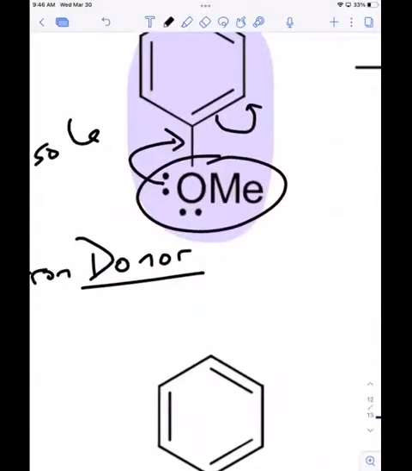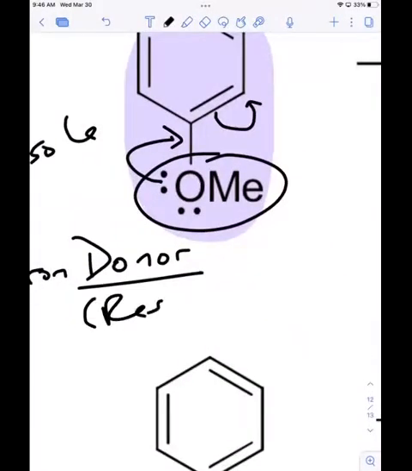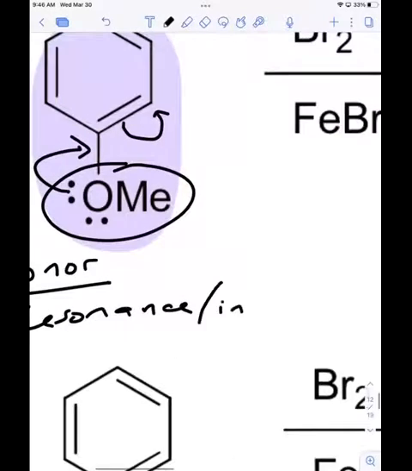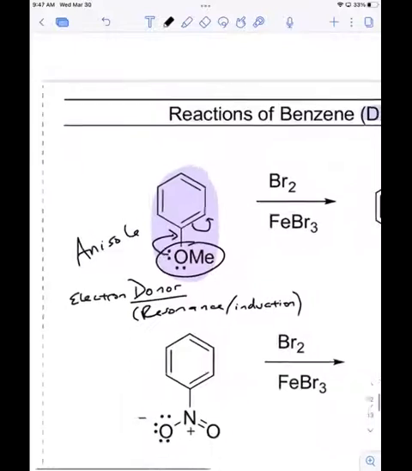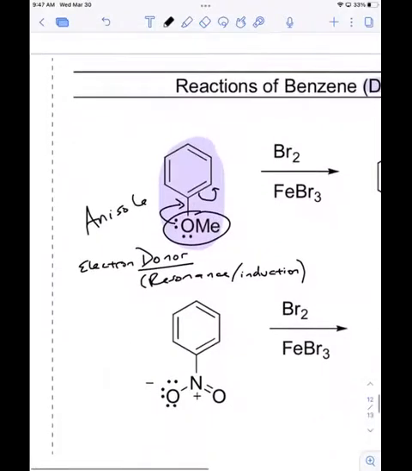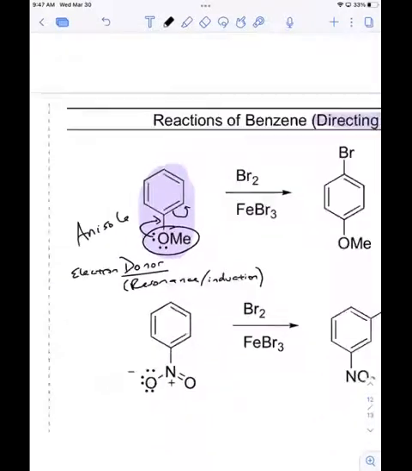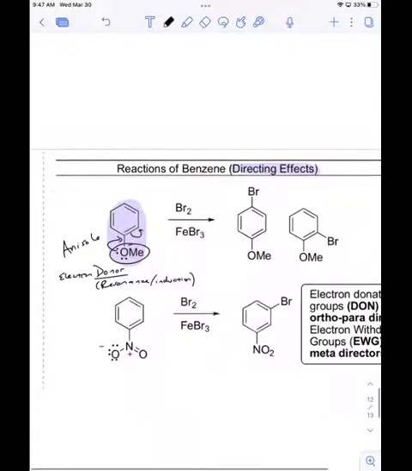So it is indeed a donor. It can be resonance or induction. Doesn't matter, if it can donate electron density into that ring, it's going to act as a donor. And if it's a donor, then it's going to be what we call an ortho-para director.